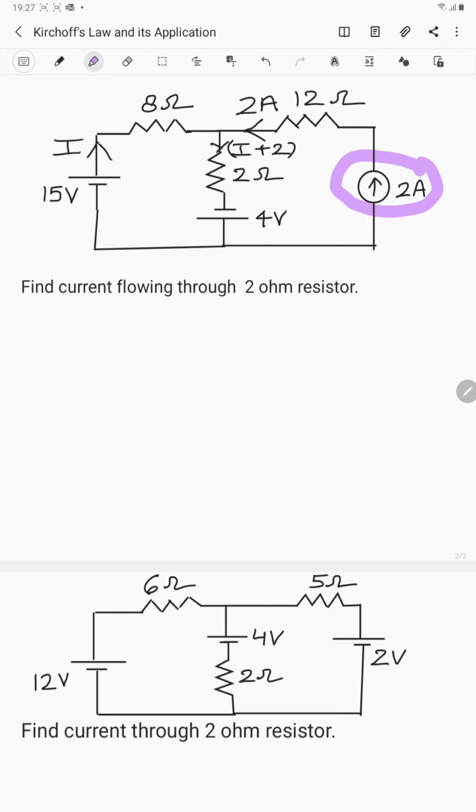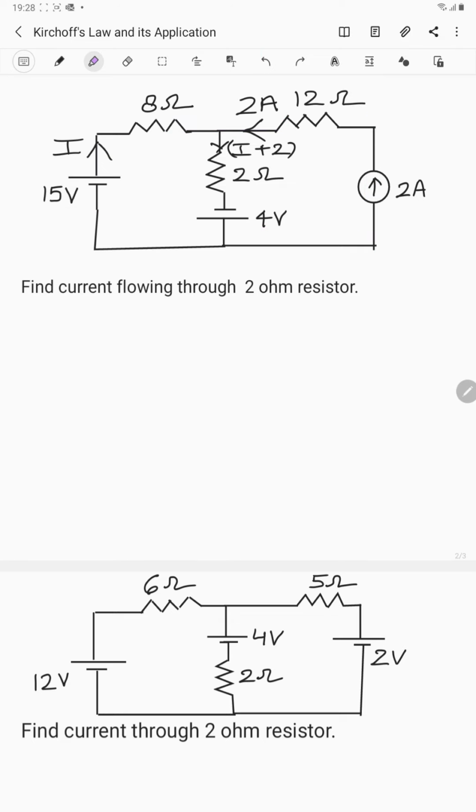Whenever any loop has a current source, we can never write the KVL equation in that loop. So in this circuit, we have no option to apply KVL in this loop, nor in this bigger loop, because in both loops we would encounter a current source, and since we do not know the voltage across the current source, it is not possible to apply KVL.